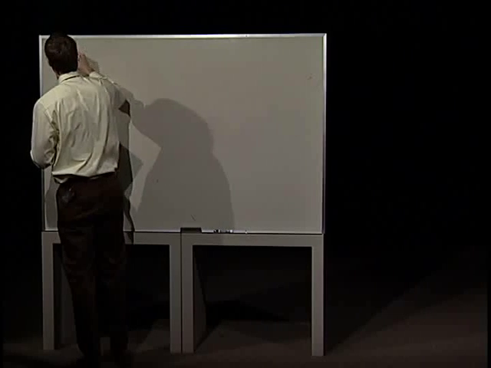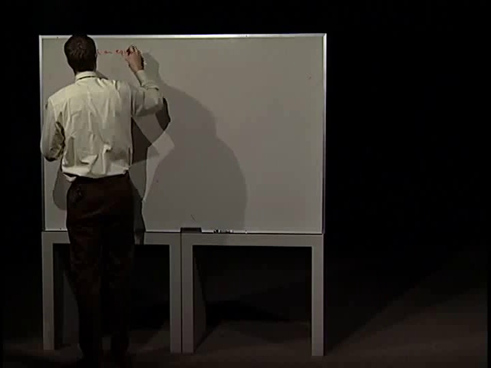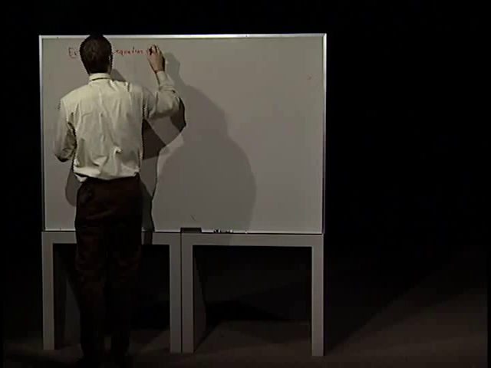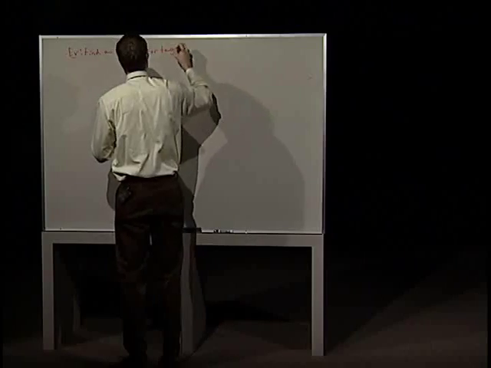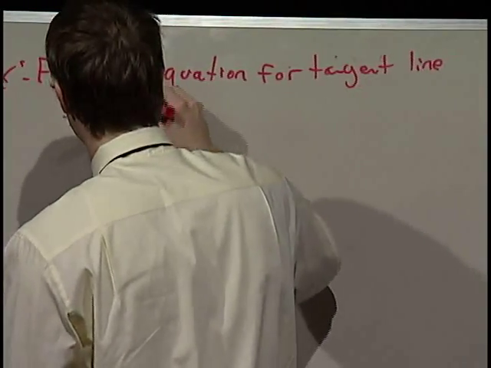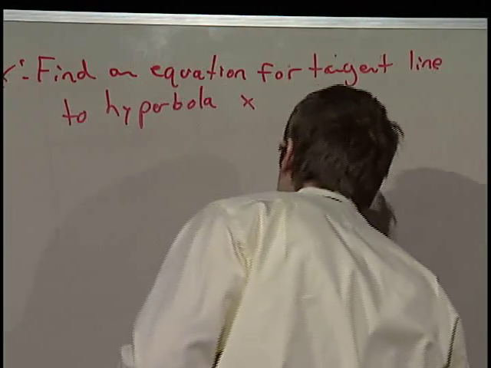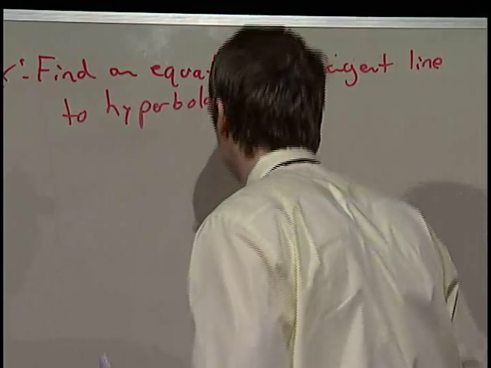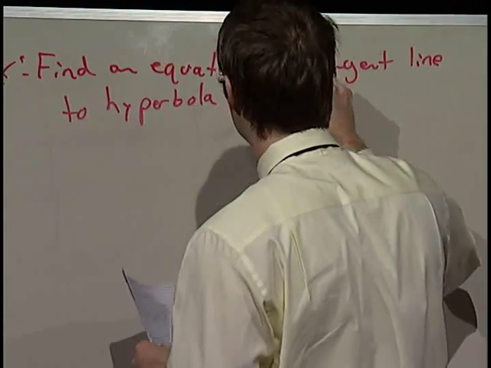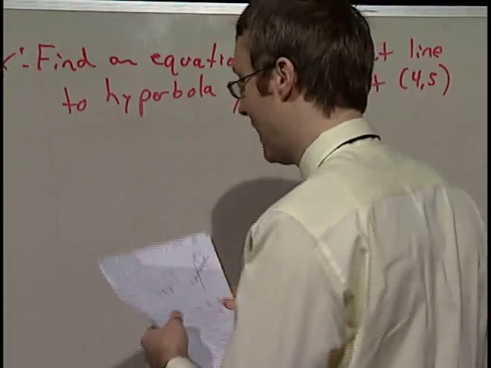Find an equation for the tangent line to the hyperbola y squared minus x squared equals 9 at 4, 5.